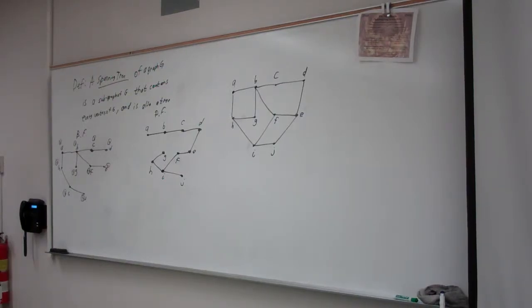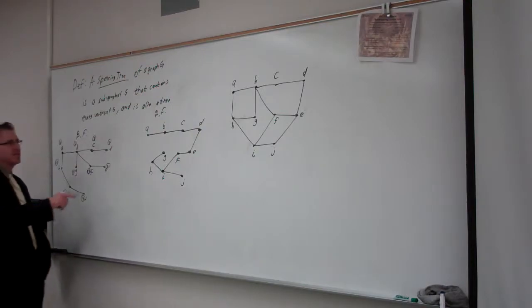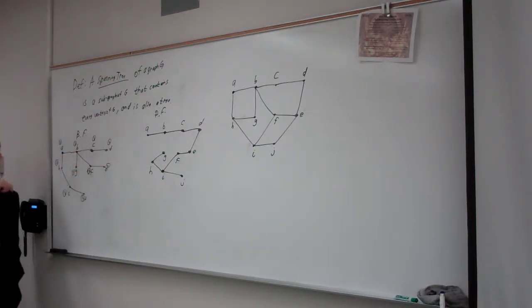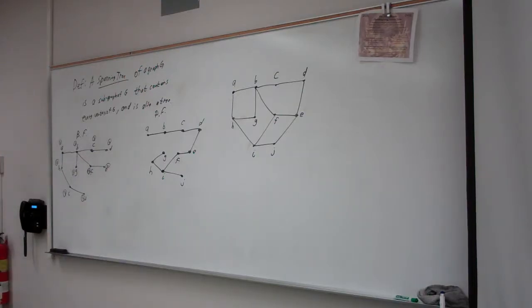If this was a communication network, there might be an advantage to having this kind of situation versus branching off in multiple directions, maybe. Or if it were a roadway, it might represent fewer intersections, or fewer multi-way intersections.